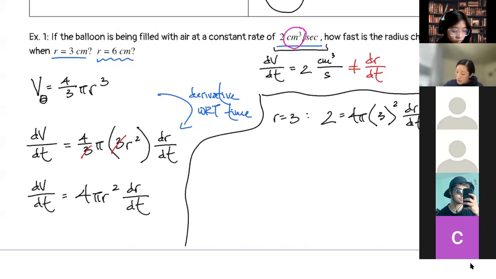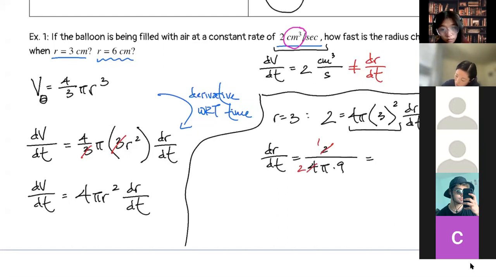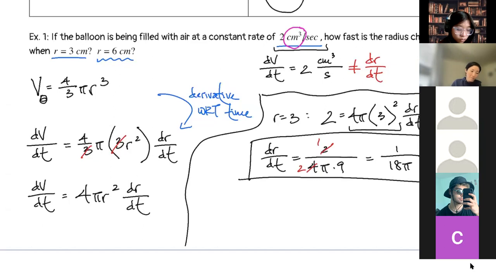So we're going to get dr/dt all by itself by dividing all of this away. I get dr/dt equals 2 over 4 pi times 9. Let's reduce that a little bit, and we'll get 1 over 18 pi. And the units for this are going to be centimeters per second.